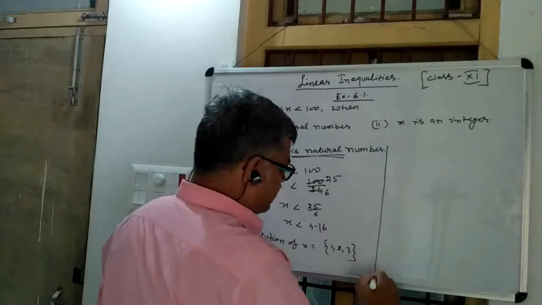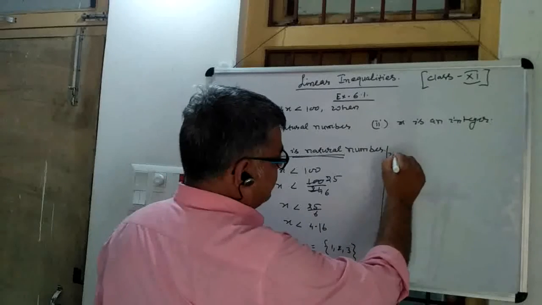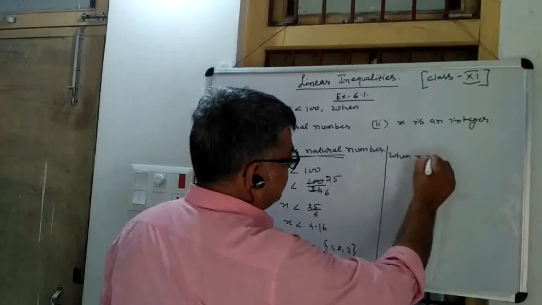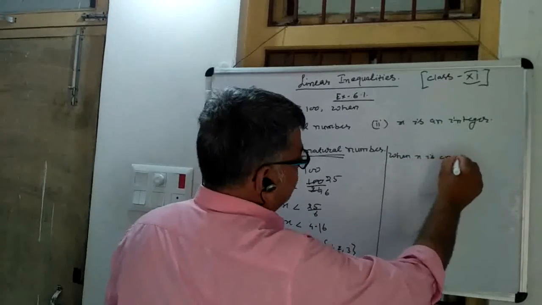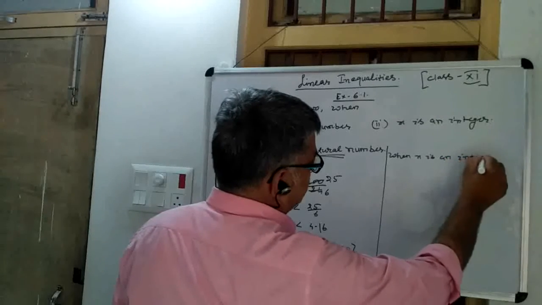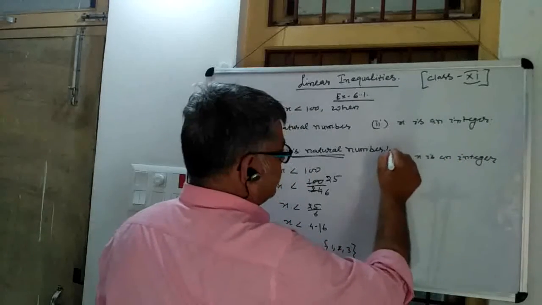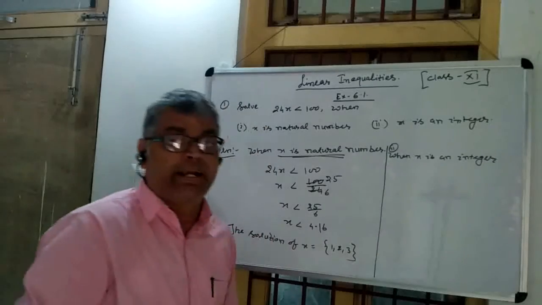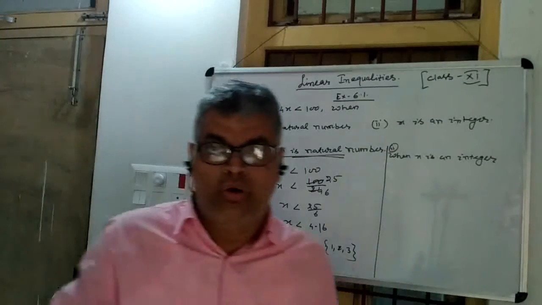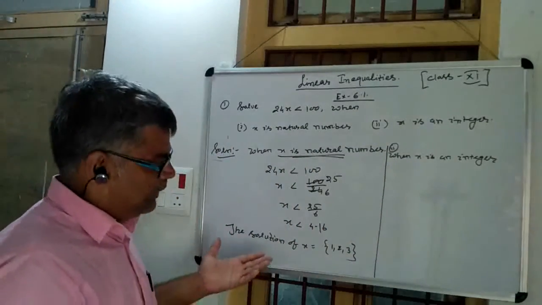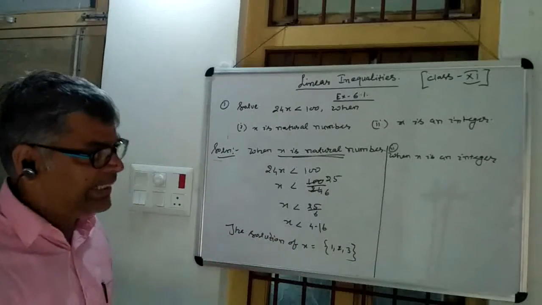Now the second case, when x is an integer. As you know, the positive and negative numbers including 0, all are in the set of integers.